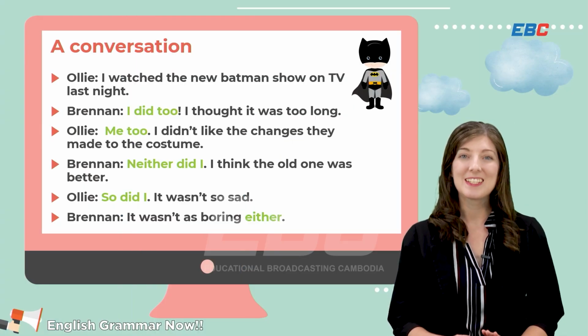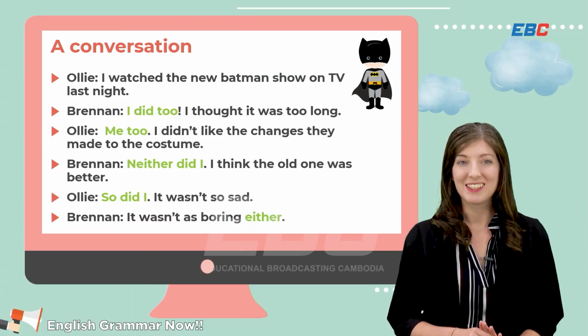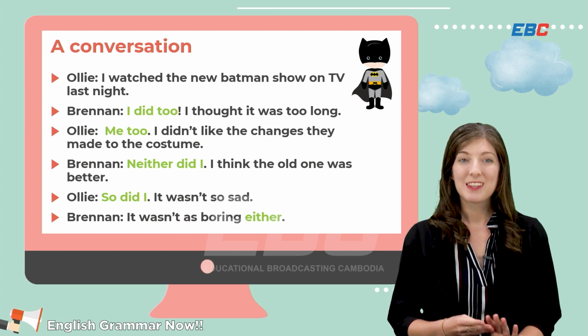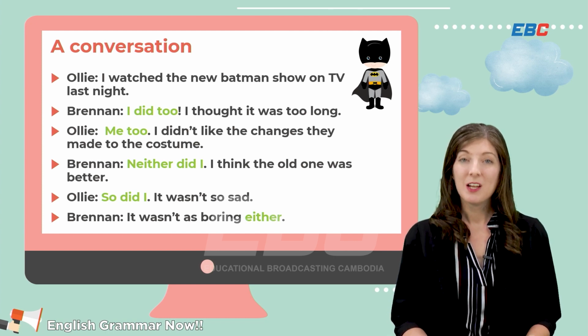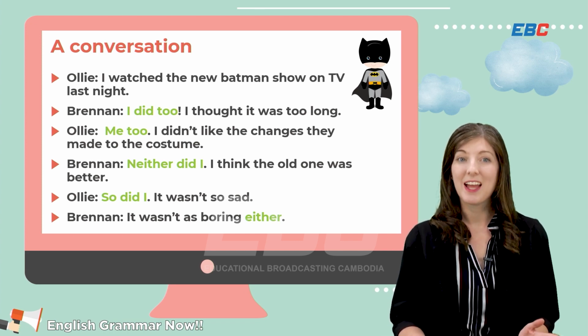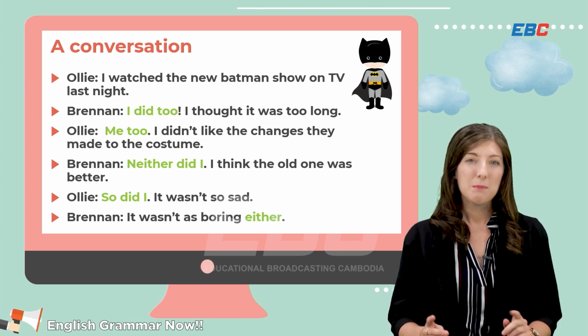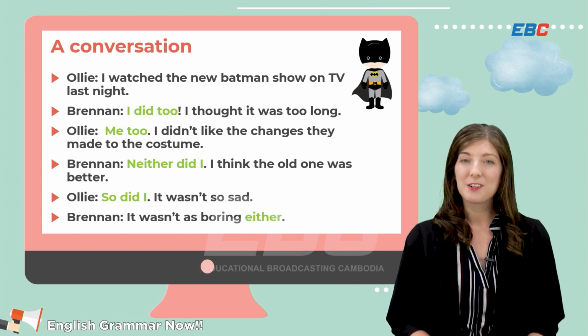Here you can see some of the words we've studied highlighted. So these two people very much agree with each other, which is why we can use so, too, either, and neither. But maybe you noticed there's one other example of too that isn't highlighted.